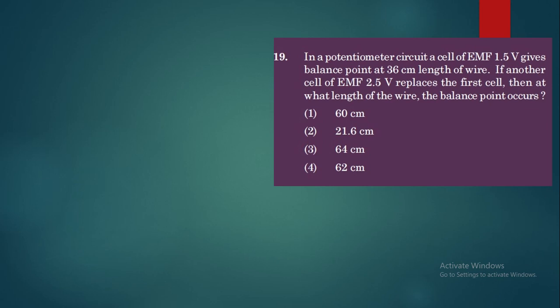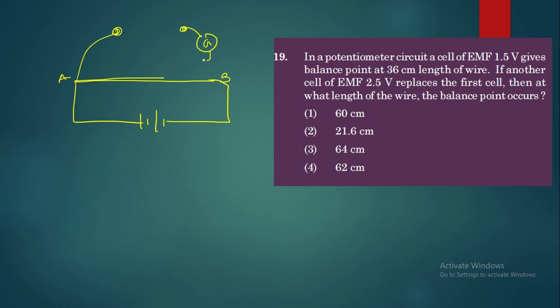Here this question is based on the potentiometer. A potentiometer, as we know, measures voltage. Let's say this is the potentiometer wire. First of all, this is the driving potential EMF. These are the 2 points between which we put something whose electric potential we wish to measure. According to the question, it's a standard problem.